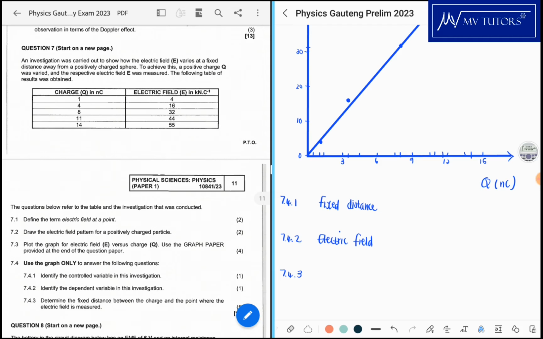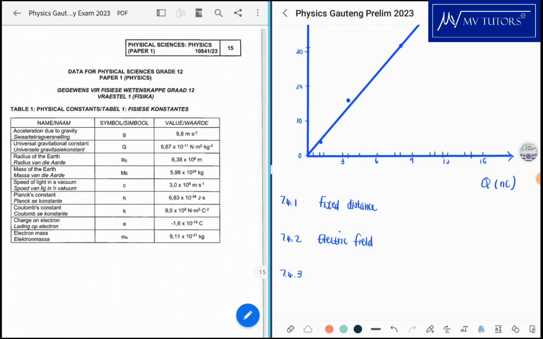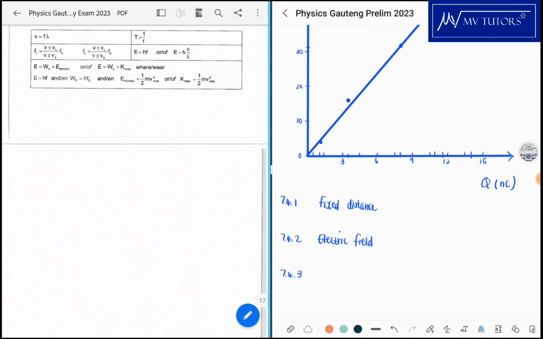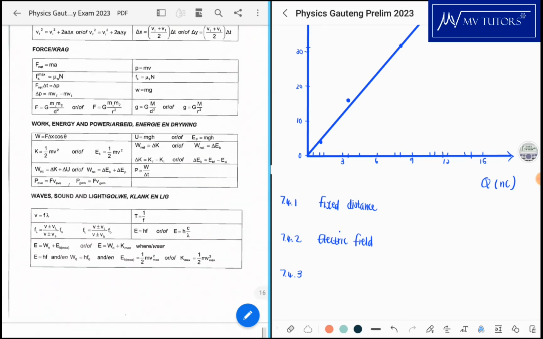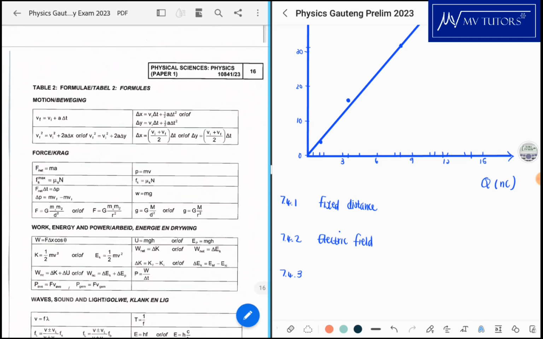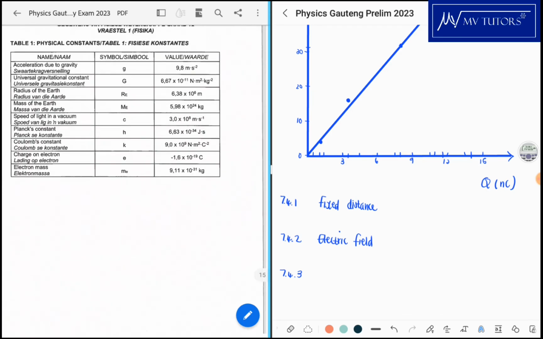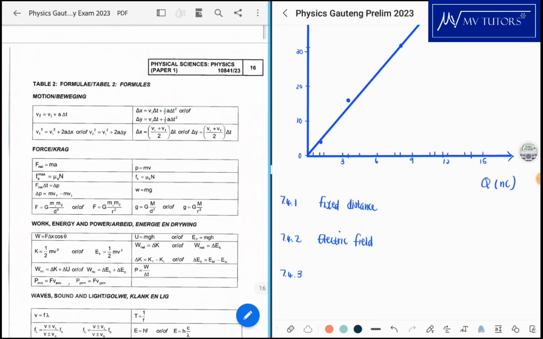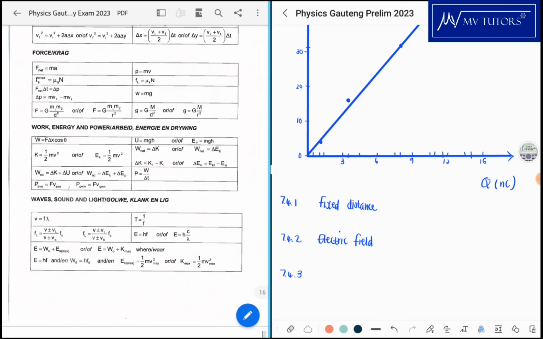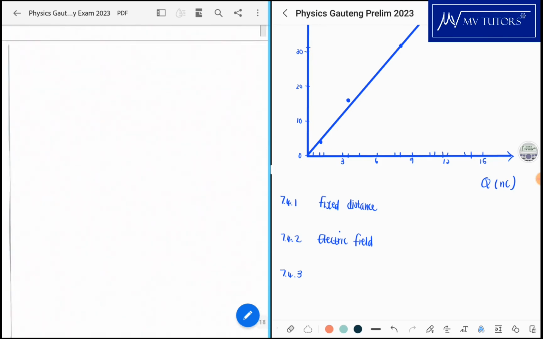Okay, distance. If we have a look at our formula for electric field, did I pass it somewhere? Geez, don't I have... I think there are portions of this paper that are missing.